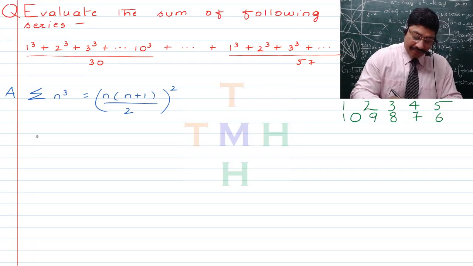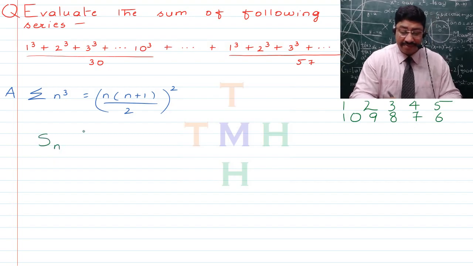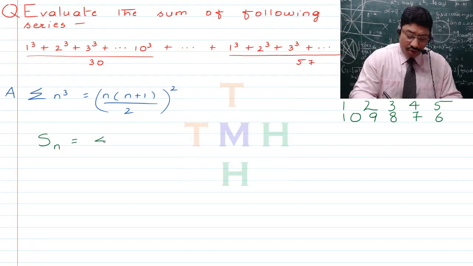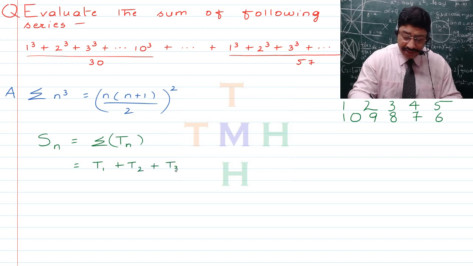I'll tell you why. Because whenever you talk about the sum of n terms, because here also we've got to find out the sum, remember, it is always sigma Tn. That means whenever we require the sum of n terms, in other words, we can say that that is actually T1 plus T2 plus T3, and all of that is going to continue up to Tn.